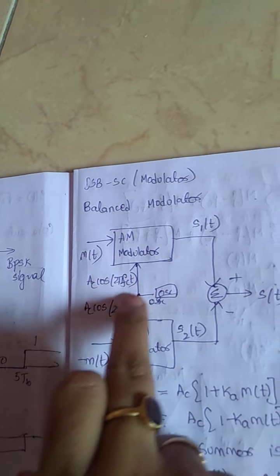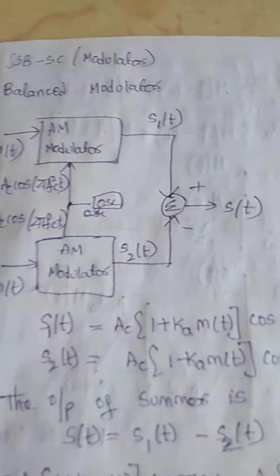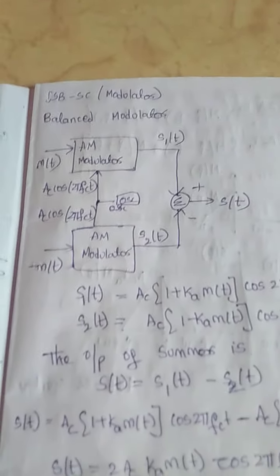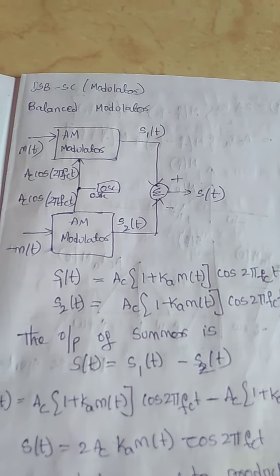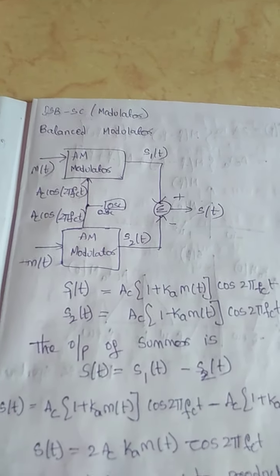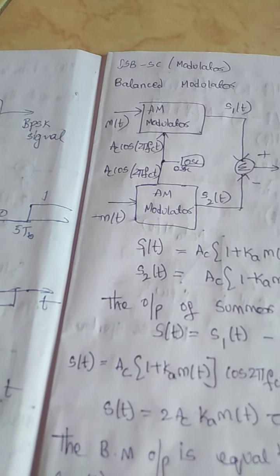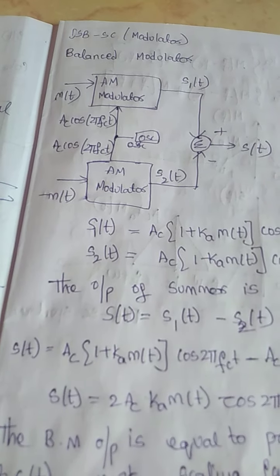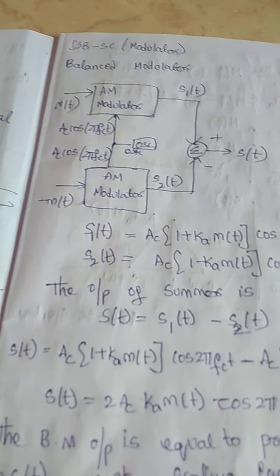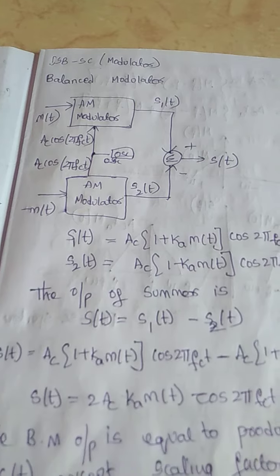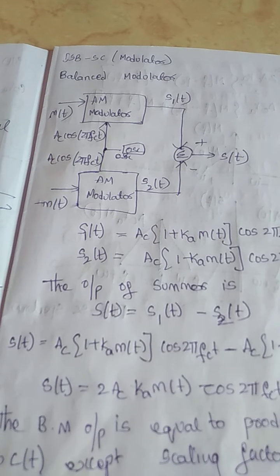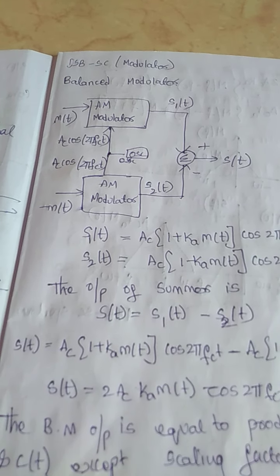After modulation, we give the outputs to the summation: S1 of t is the signal after modulation for positive, and S2 of t is after modulation for negative. When these are summed up, we are adding positive and negative signals, and finally we get a DSBSC output.